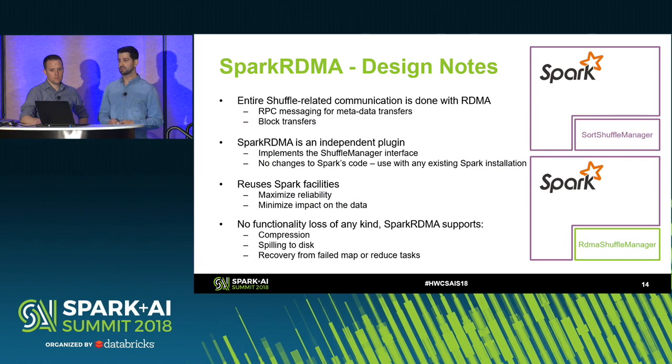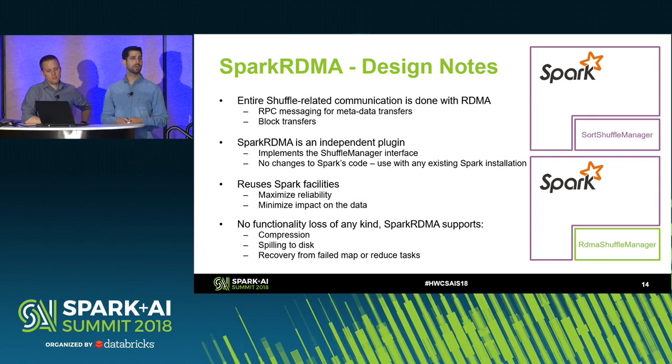So a few design notes about Spark RDMA. What we had in mind, basically, is to have the entire shuffle-related communication done with RDMA. This goes for RPC messaging for the metadata transfer, the map statuses, and of course, the block transfers themselves. Spark RDMA is an independent plugin. It implements the Shuffle Manager interface, which is already built into Spark.